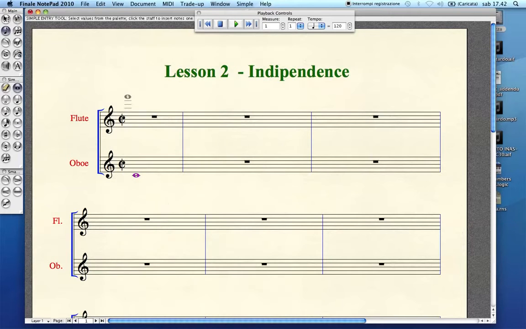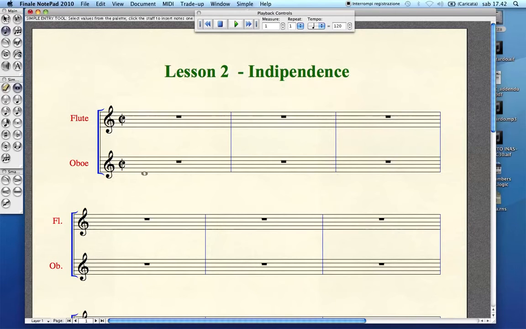So now that we saw what intervals we will use: the unison, the third, minor and major third, the fifth, minor and major sixth, and the octave. That's it. Nothing more in two voices counterpoint.